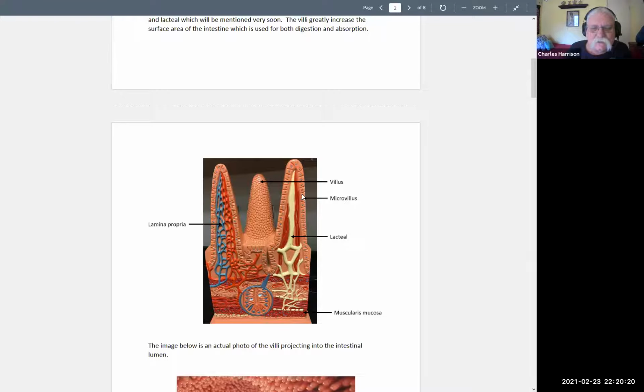Microvilli are on the villus. This model is to show you the tunica mucosa, which includes the villus here and here and here, and the microvilli that are on them.